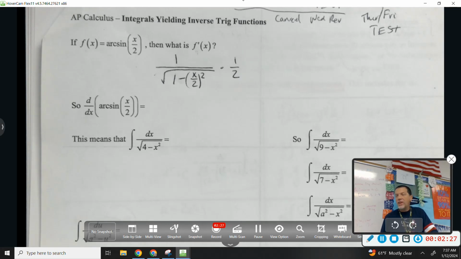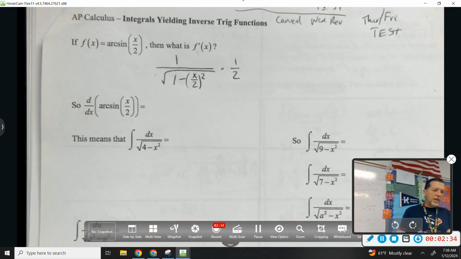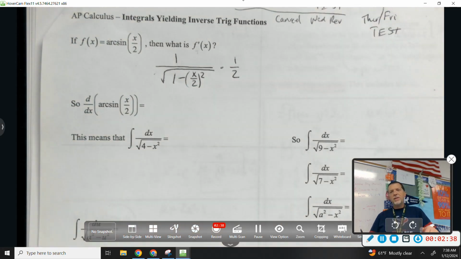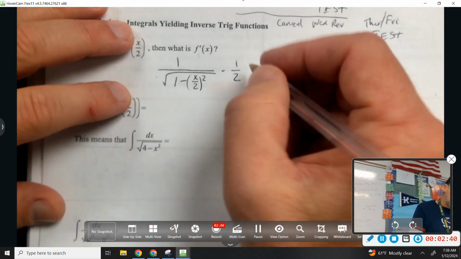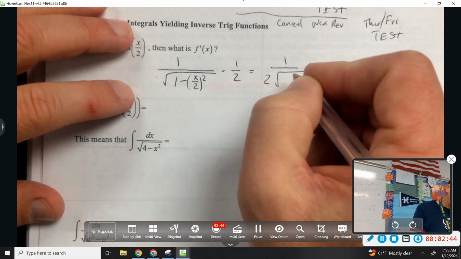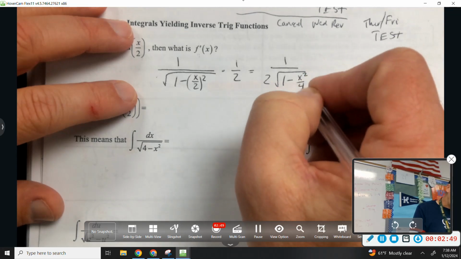Okay, if we were safe stopping, we would box that up and call it a day and be good. But I want to keep going because this is going to help us get to what we're headed for today. So let's do the algebra here. So 2's in the bottom, square root of 1 minus x squared over 4.